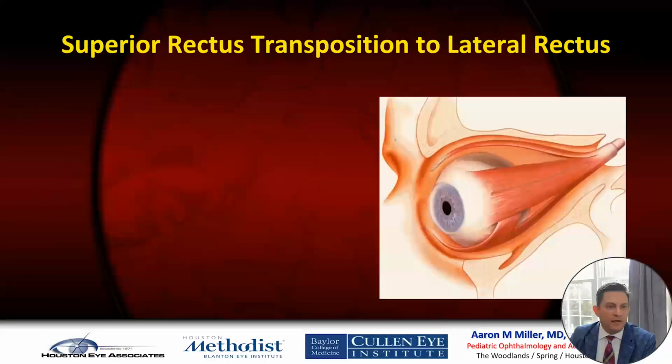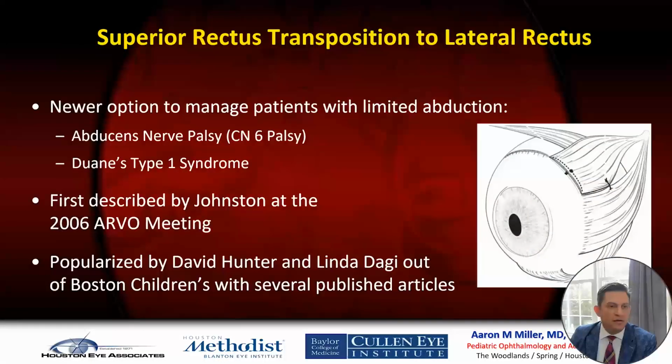Whenever I look at this procedure, as an engineer, it's hard for me to understand how and why it works because of how the forces act on the globe. It sort of contradicts what I talked about in the last lecture about the forces and how they act on the eye.